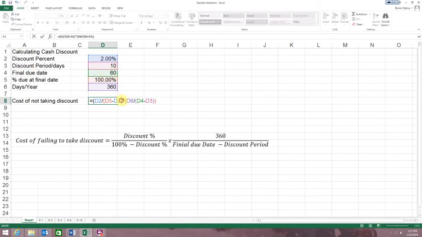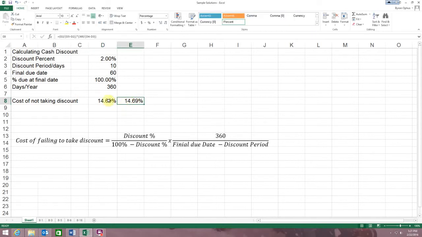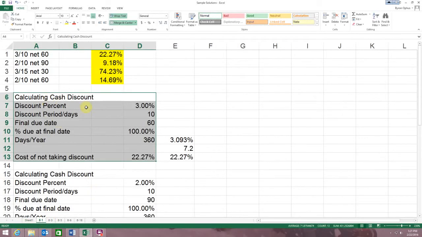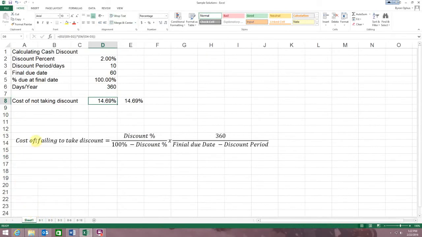I think I'm missing one parenthesis. There I am. Okay, I think I've got everything there. Let's hit enter and see what happens. 14.69, and that's what I had before. And there, it's done. Okay, so now when I go to problem 1, I've got the same exact thing.